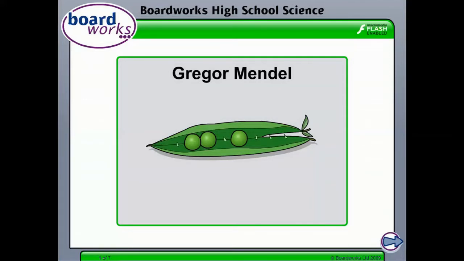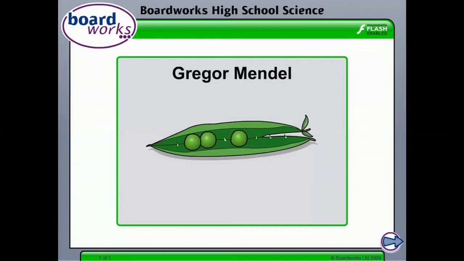Number five, it produces a large number of plants in each generation. So the pea plants produce a lot of plants that you can see the differences between. Number six, it has several pairs of easily recognized contrasting traits, which means one pea plant differs from another and you can easily recognize it by eye.